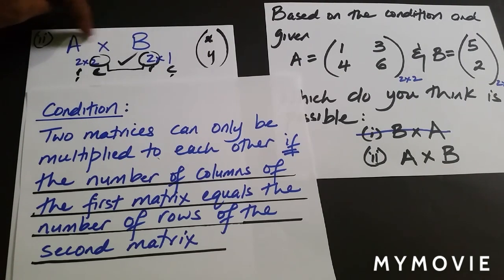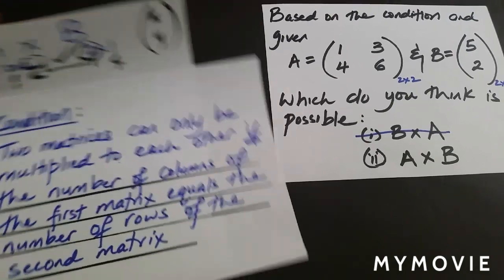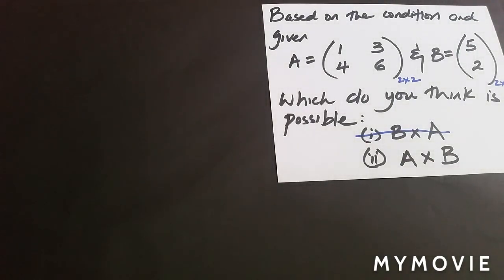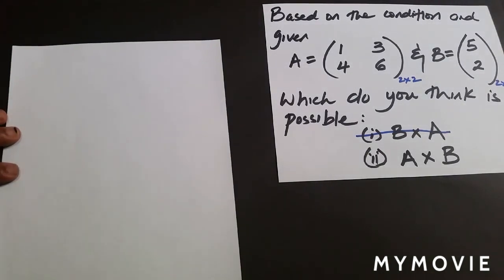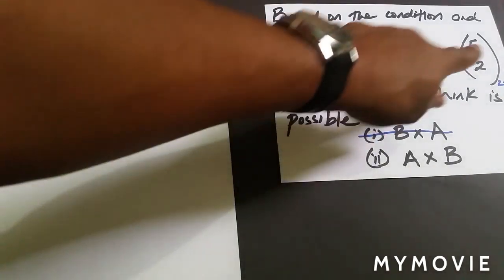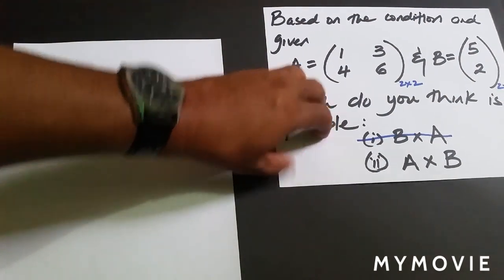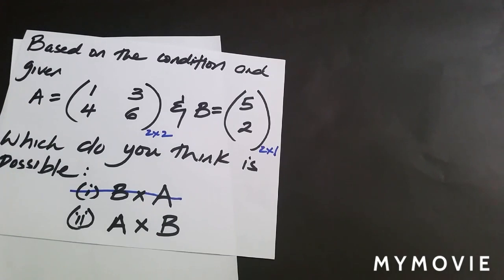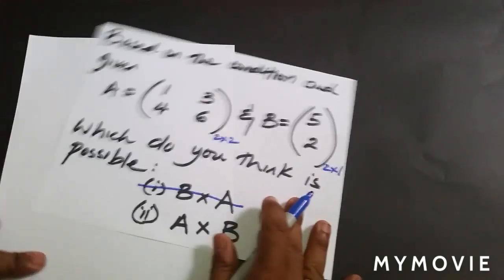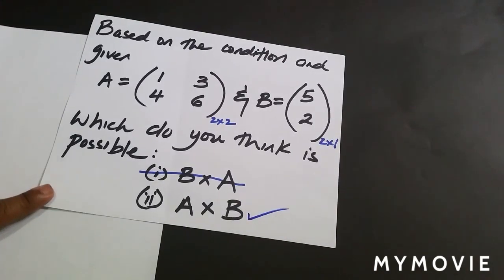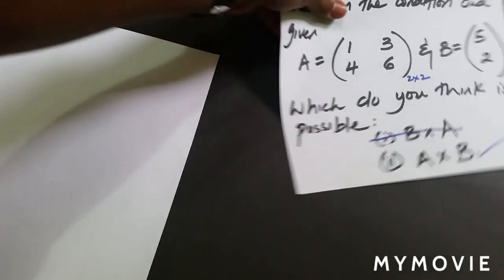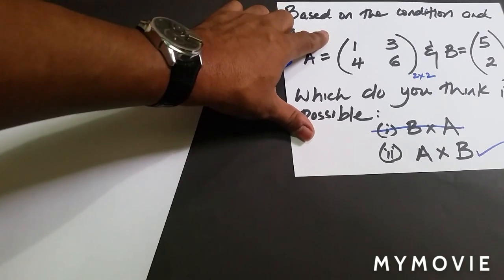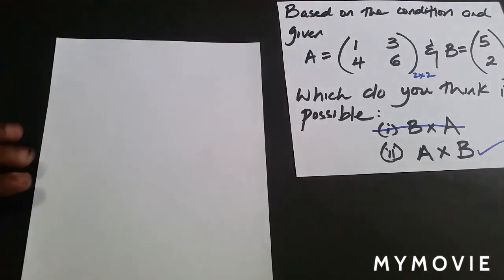Let me demonstrate how you multiply A times B. Remember, this is matrix A and this is matrix B, and based on what we discussed, this can in fact happen. So I'm going to show you now how to multiply A times B.